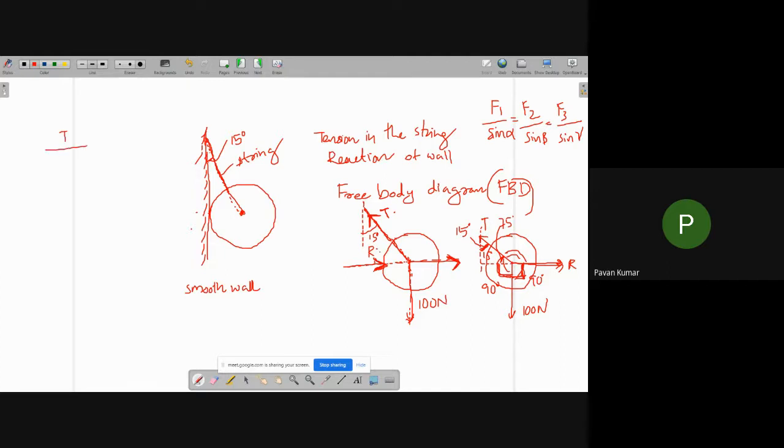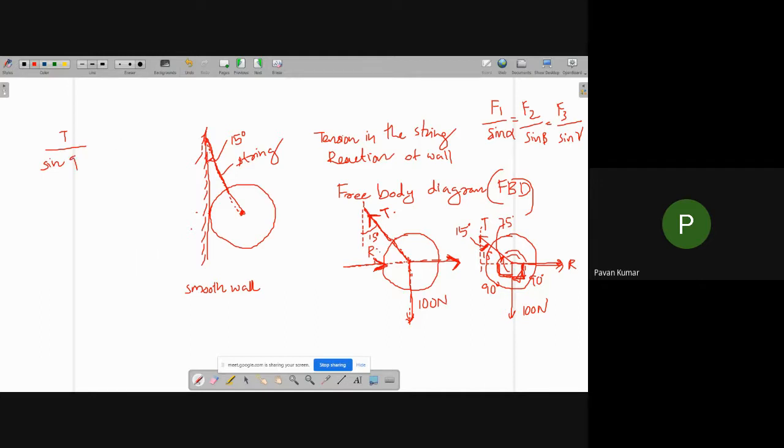So finally we get T divided by sine. For this force we should consider R and 100, and the included angle between them is 90.